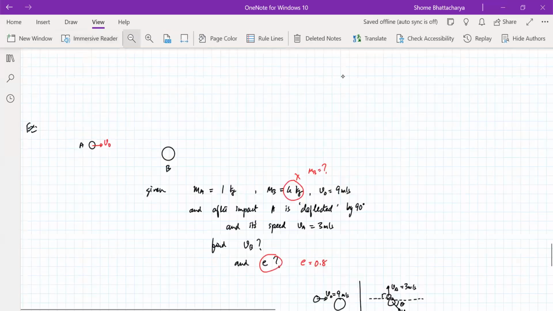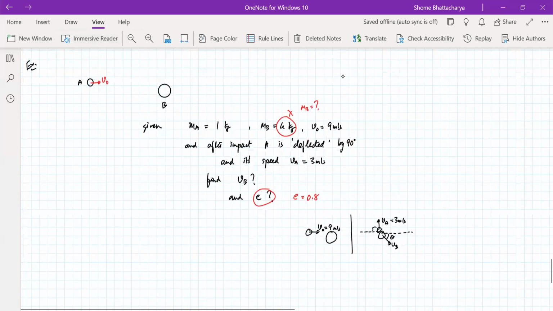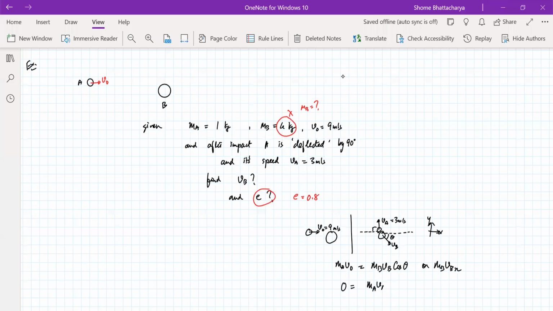So our momentum conservation equations will be such that MA V naught is equal to MB VB cos theta, or if you take this as X and Y, write this as MB VB X, and 0 is MA VA minus MB VB sin theta, or MA VA minus MB VB y.